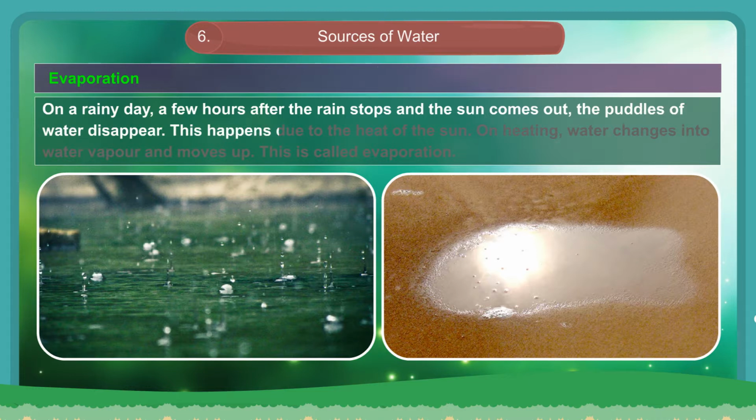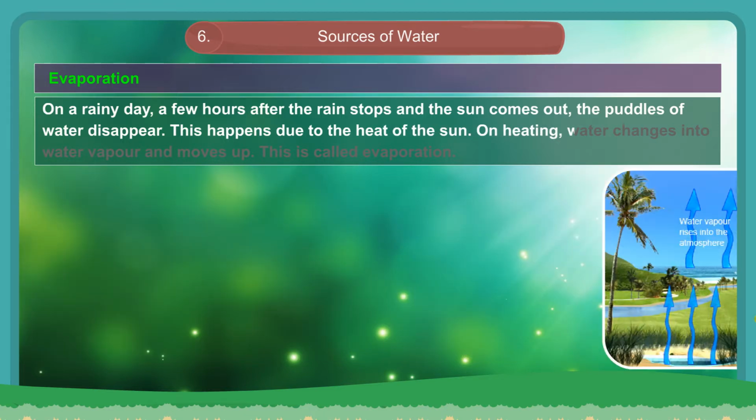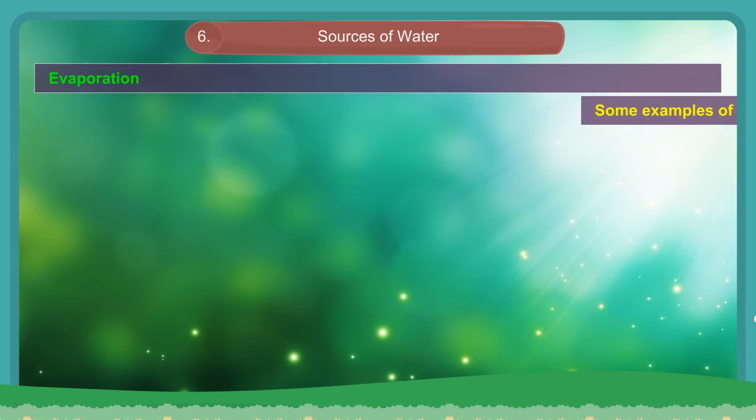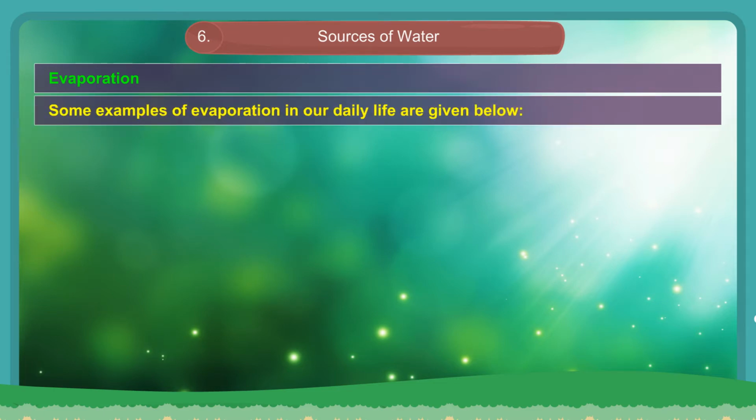This happens due to the heat of the sun. On heating, water changes into water vapor and moves up. This is called evaporation. Some examples of evaporation in our daily life are given below.